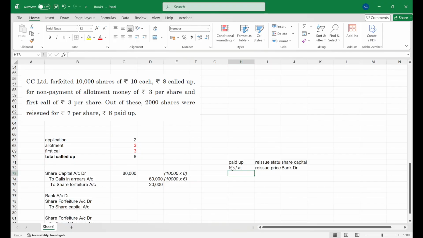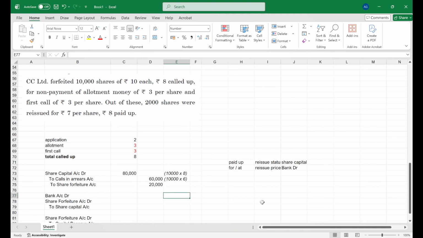Some questions will have even the reissue status value with the prefix of for, but it will be attached with the word paid up. So whenever you see two values given, whichever value has paid up next to it is to be credited against share capital, and the other value will be taken to bank account debit.